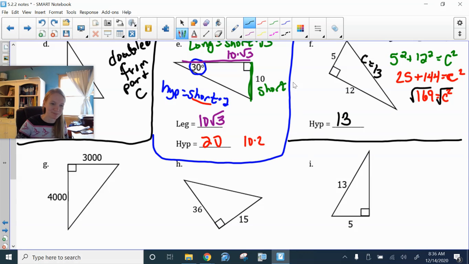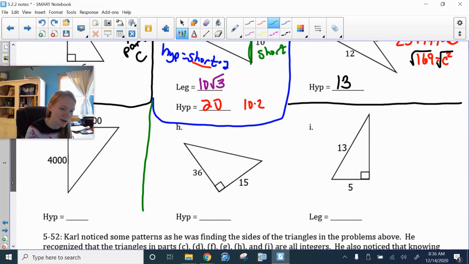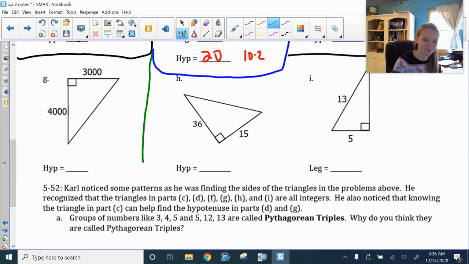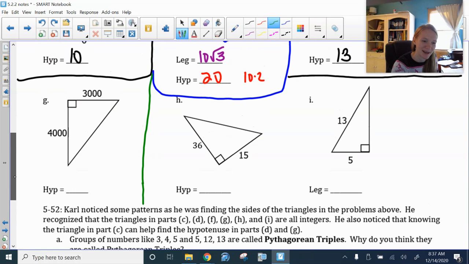So on part G, here again, it doesn't say that I have a 30 degree, it doesn't give us an angle measure, but it does tell us we have a 3,000 and a 4,000. Any guesses as to the hypotenuse? 5,000.